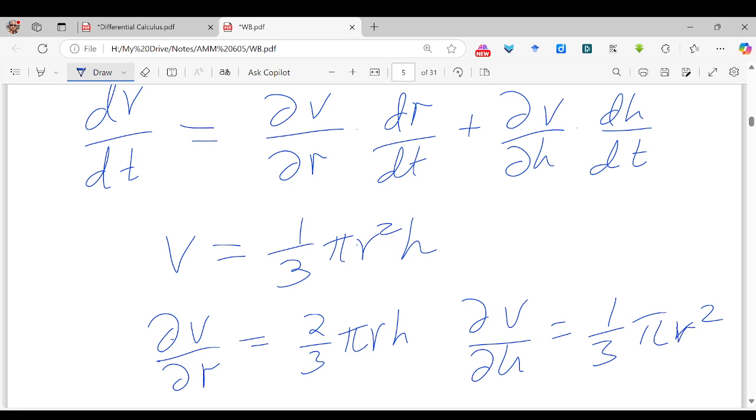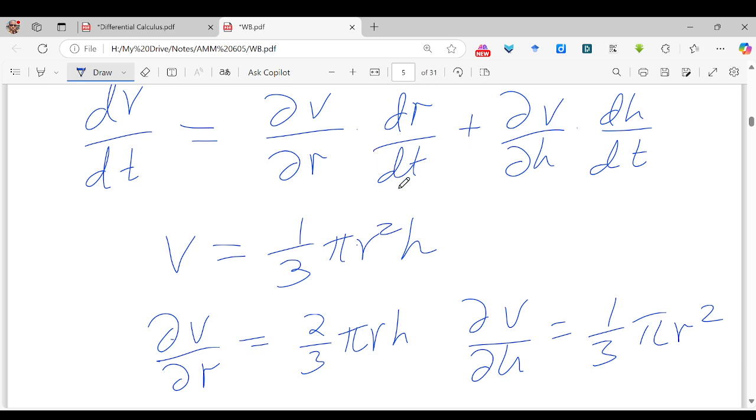So the rest now is to substitute. The partial derivative of V with respect to r is 2/3 pi rh, and the partial derivative of V with respect to h is 1/3 pi r squared.